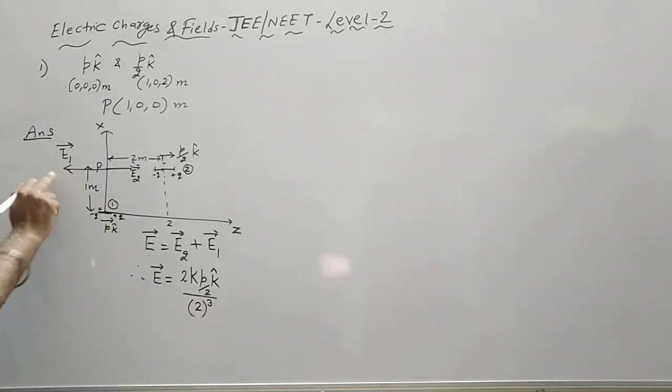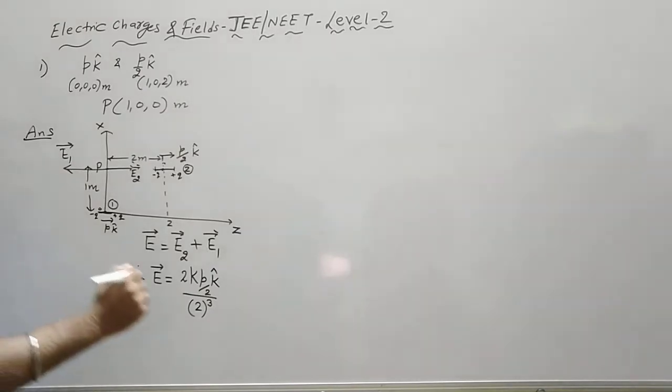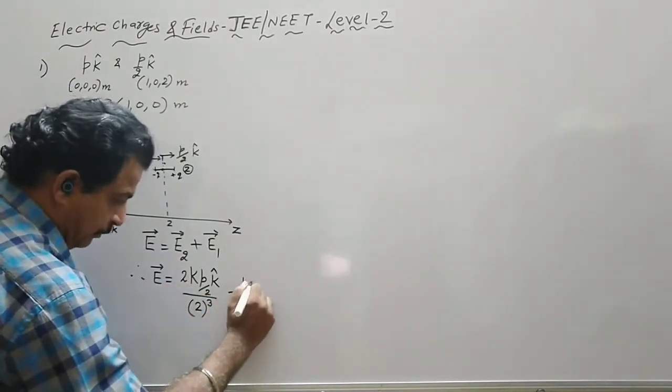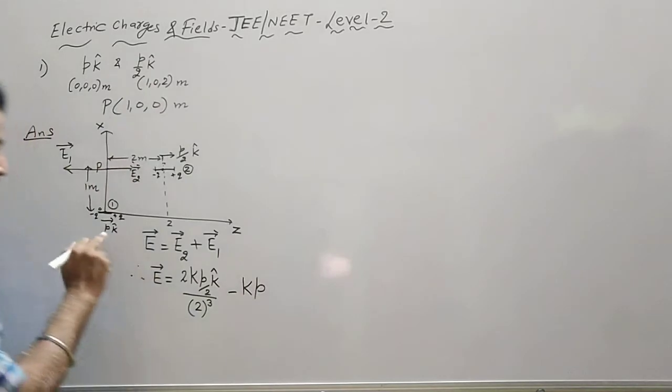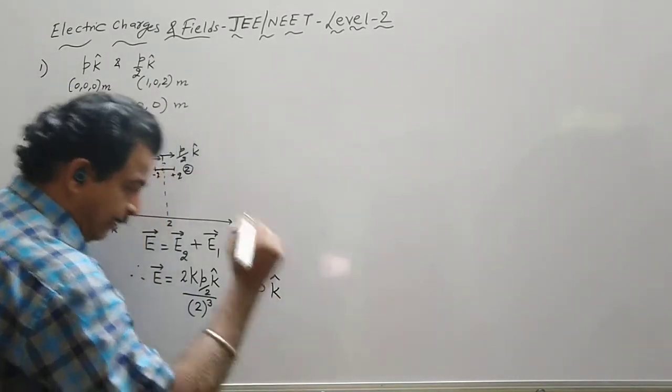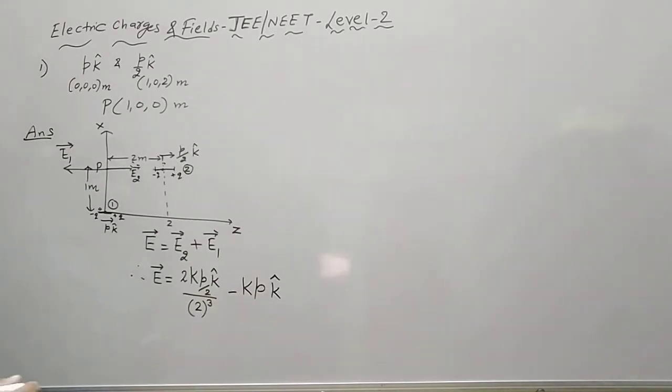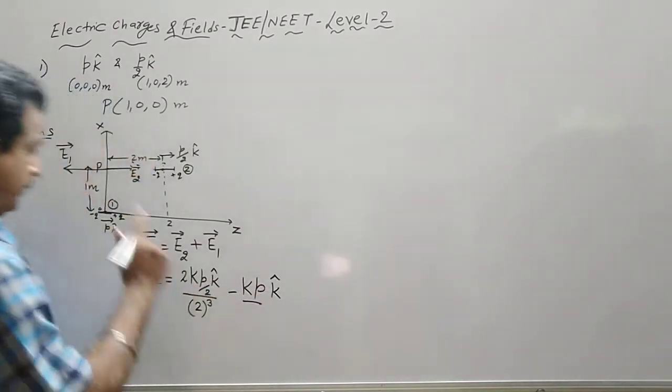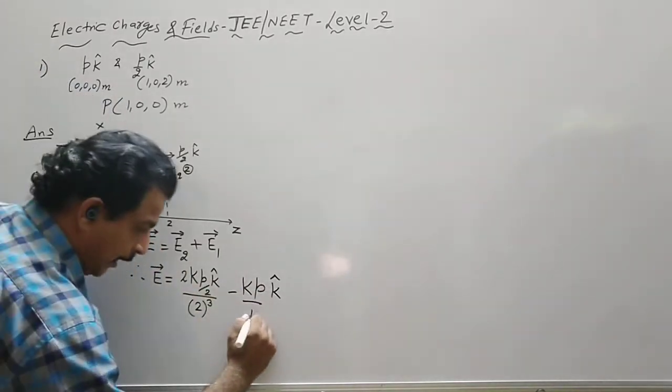For dipole 1, it is in the opposite direction, so our formula was minus kp, this has a dipole moment P only, k cap is the direction, so minus kp upon the distance, that is 1 cube.